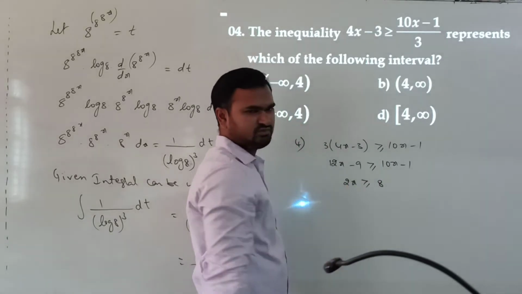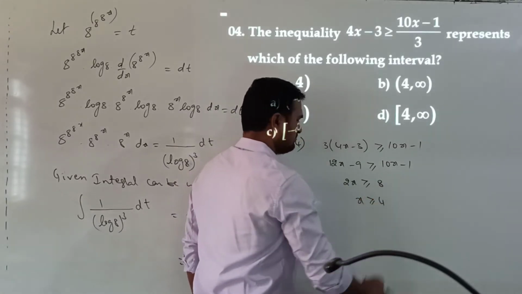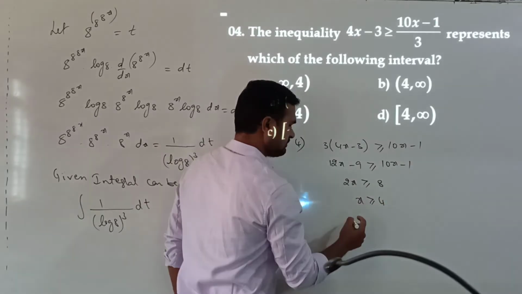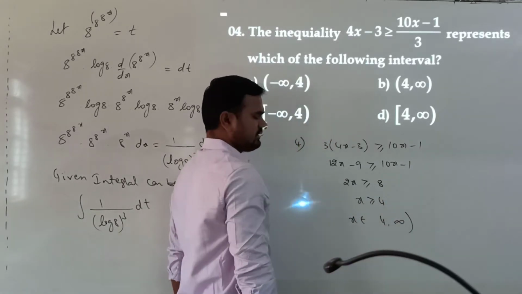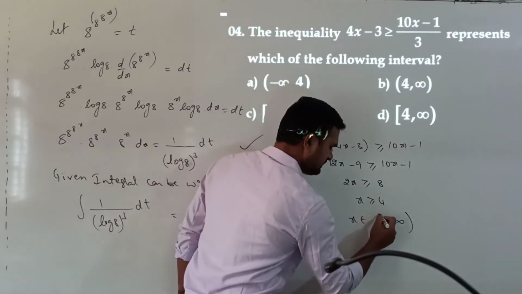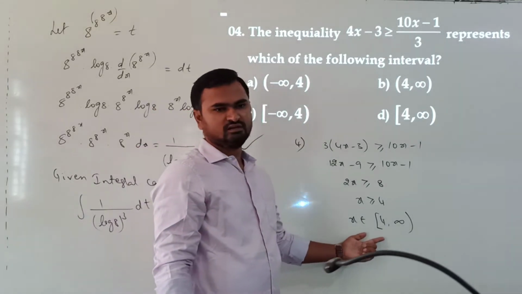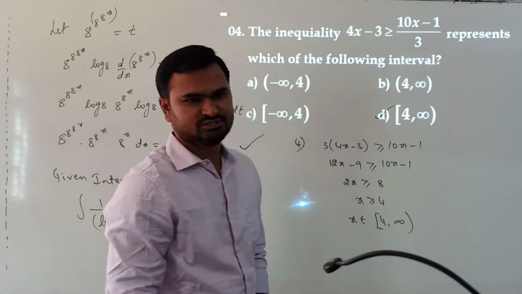Again dividing by a positive quantity, inequality remains same. So x greater than or equal to 4. x greater than or equal to 4 means 4 or more. So x belongs to 4 to infinity. Infinity is always open. Because of equality, we can include 4 also. So x belongs to the closed interval 4 to infinity. So required answer is the fourth option.